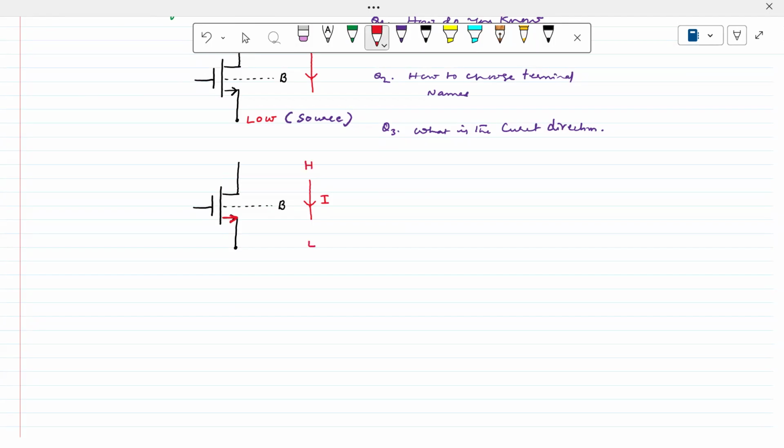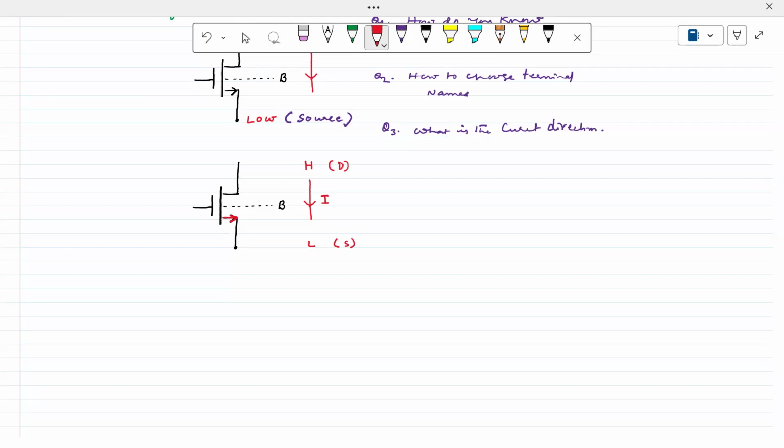But the carriers are moving from source to drain, so the carriers are moving from lower potential to higher potential, since they are electrons. Therefore, since it is high, it is called the drain, and this is called the source.